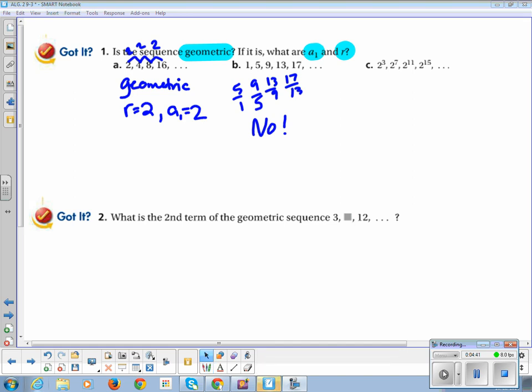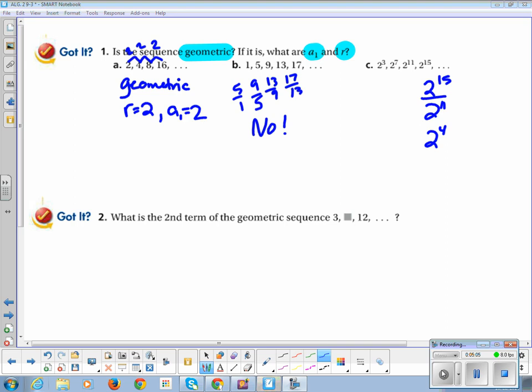Okay, take a look at this one here. 2 to the 3rd, 2 to the 7th, 2 to the 11th, 2 to the 15th. We have to determine, is that geometric? All right, so we need to check our ratios. So we have 2 to the 15th over 2 to the 11th, and I believe that's 2 to the 4th.